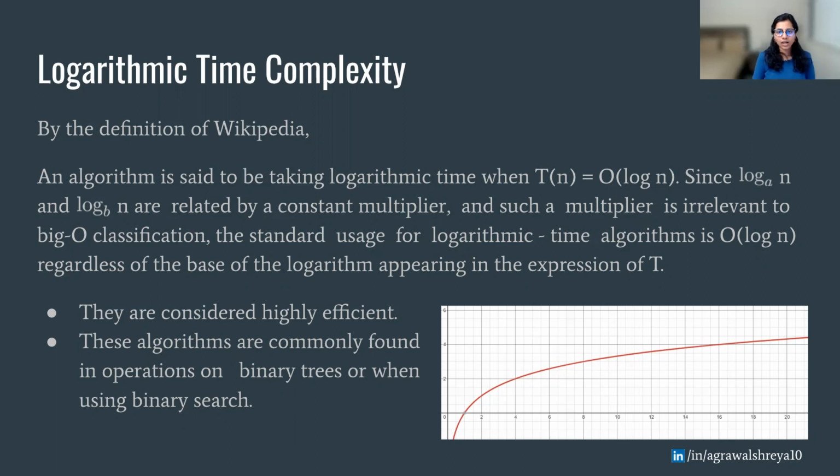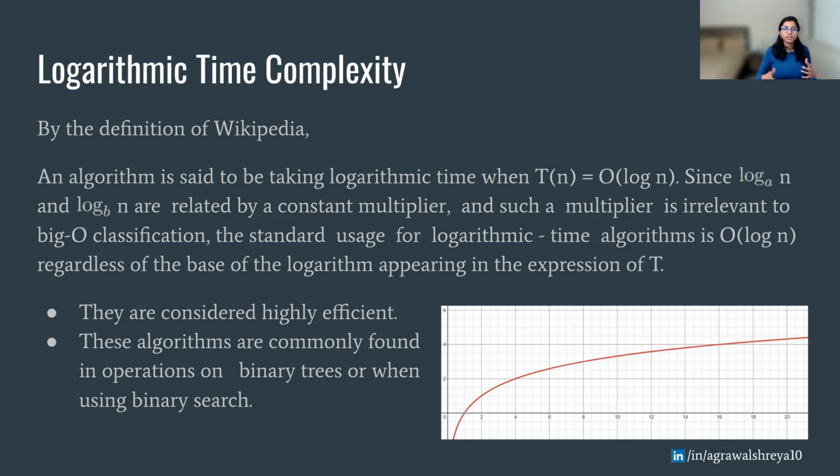So yes, I would like to take this question: does log n mean log base 10? Base could be anything. Base does not really matter here actually, because base is any constant value that is not changing. So we will not focus on base here. It could be any constant value, but as I've written here, since log n to the base a and log n to the base b are related by a constant multiplier, and such a multiplier is irrelevant to Big O classification.